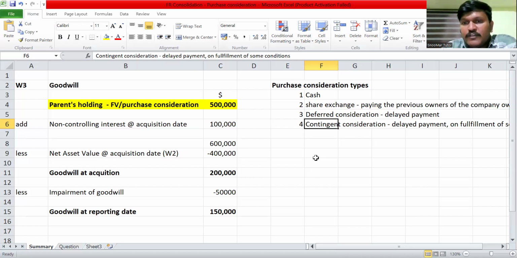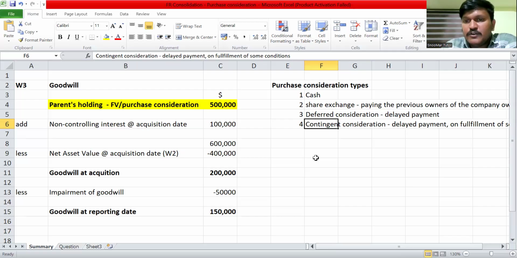Both deferred consideration and contingent consideration are delayed payments, where I agree on the acquisition date or in the acquisition agreement that I'll be paying a particular amount later, like after 1 year or after 2 years. The only difference is that the contingent consideration would be based on some conditions being fulfilled.